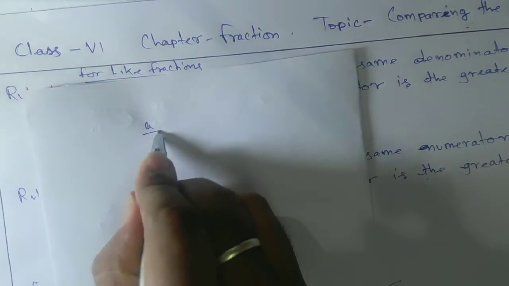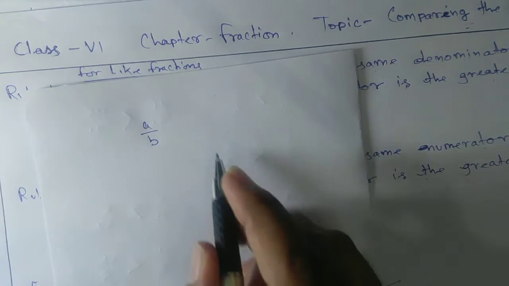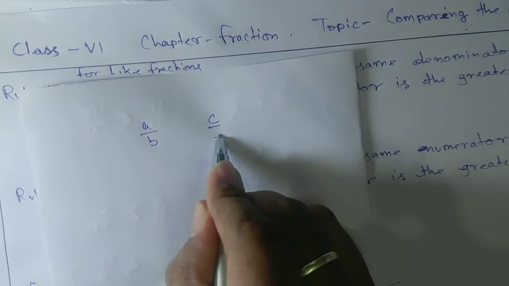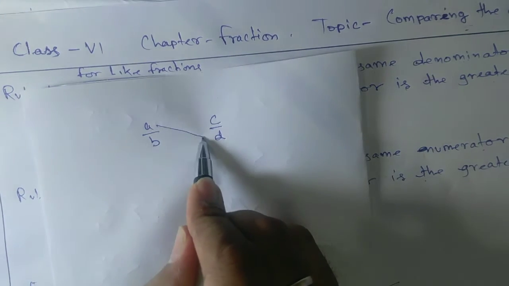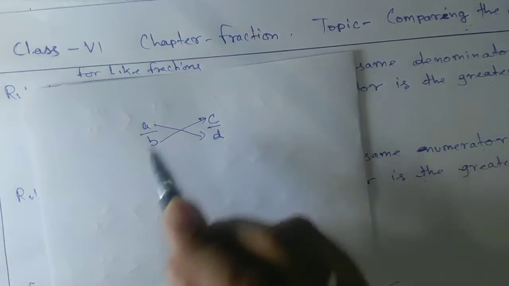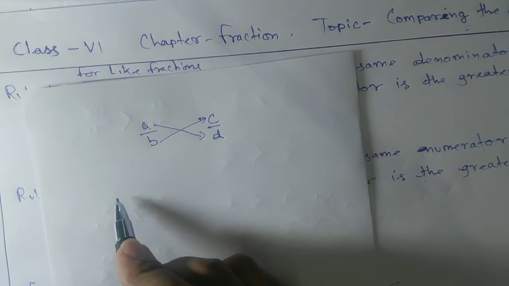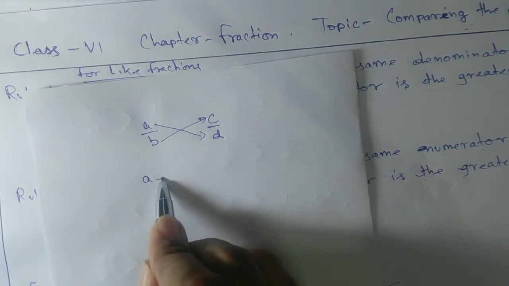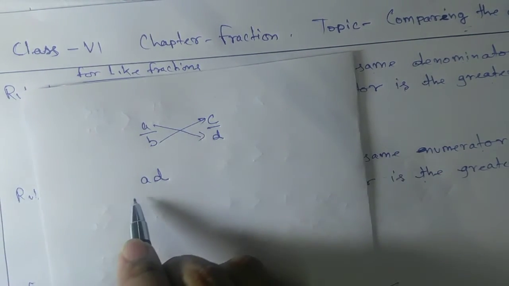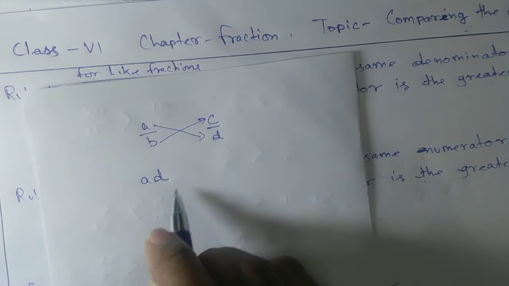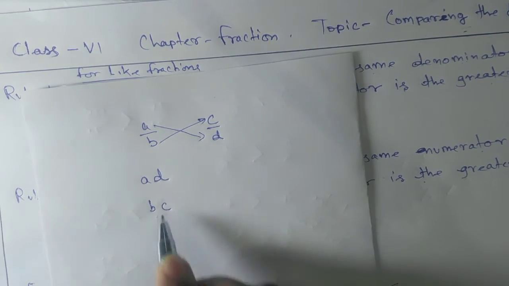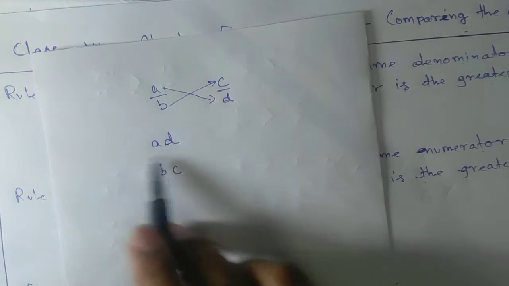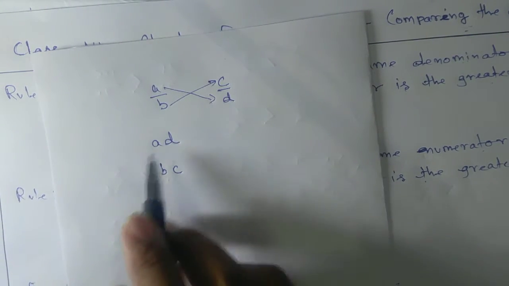Here you take a by b as one fraction, and another is c by d. Now you multiply this part and this part, that means AD, and you will get BC from the other. So three cases will arise. What?